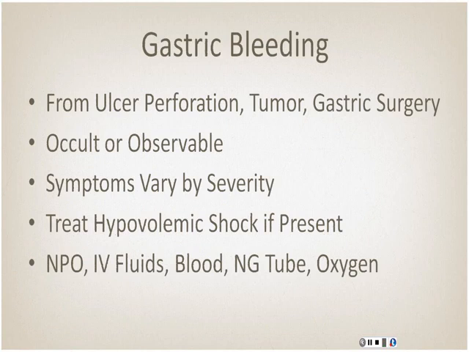Insertion of an NG tube may happen, and this can be used for testing gastric pH and to help keep it above 5. Antacids or histamines or the Carafate may also be given again to decrease gastric secretions, increase the pH, or create that protective barrier.